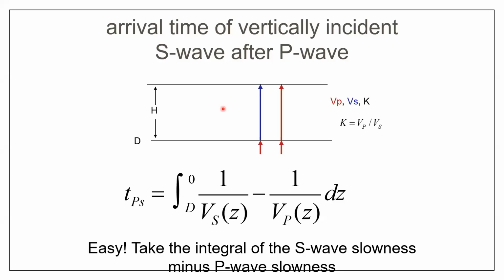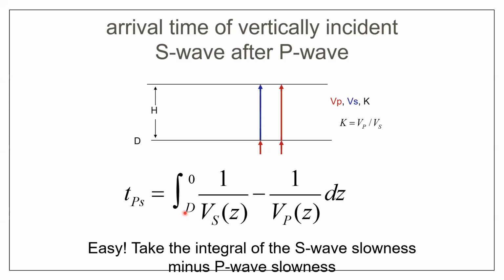So basically, before we actually move on to H-kappa stacking, we need to have some basic knowledge. If you consider a vertically incident S wave after the P wave, then the travel time the Ps converted phase will take can be found by this integral.